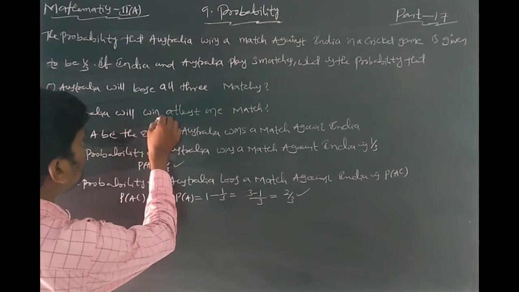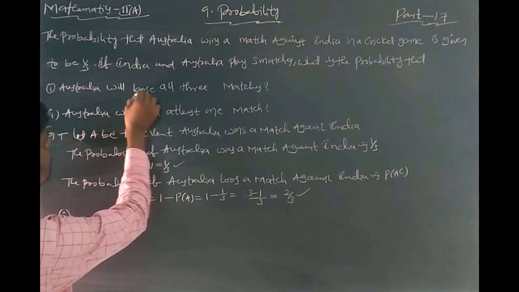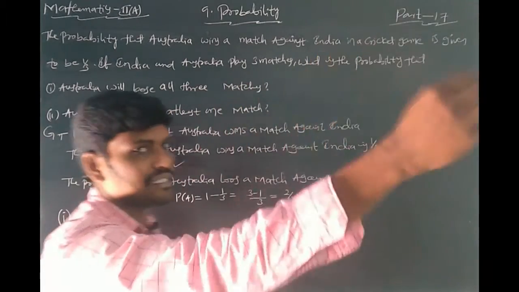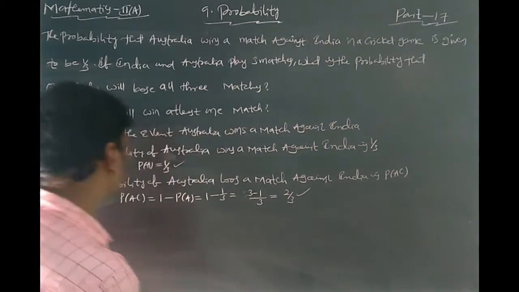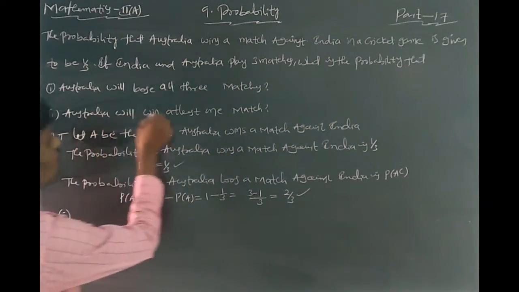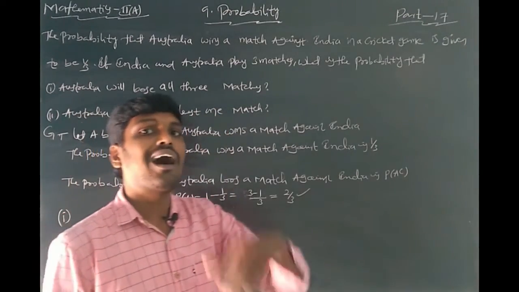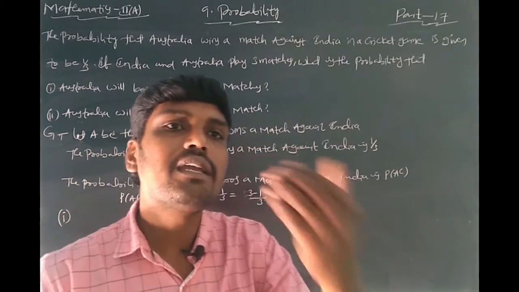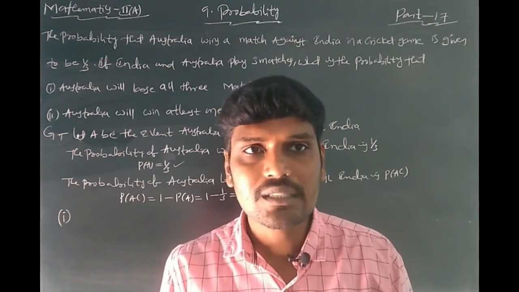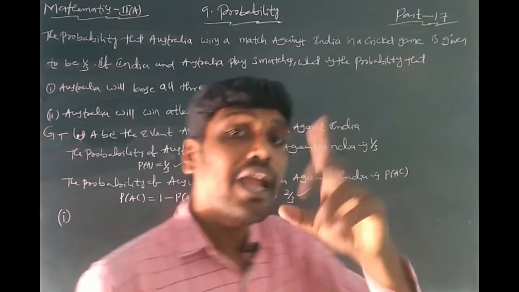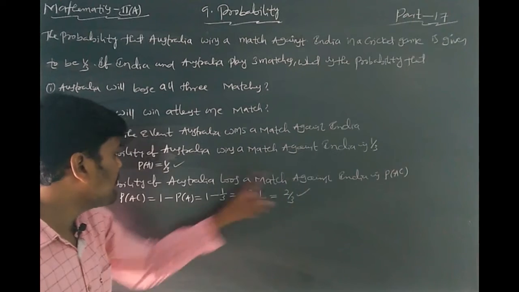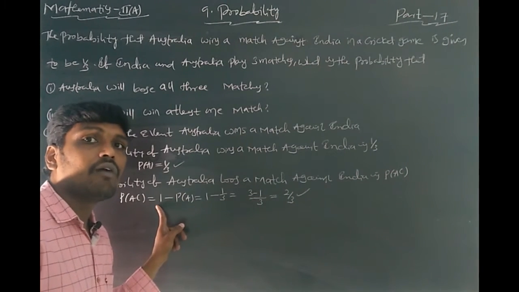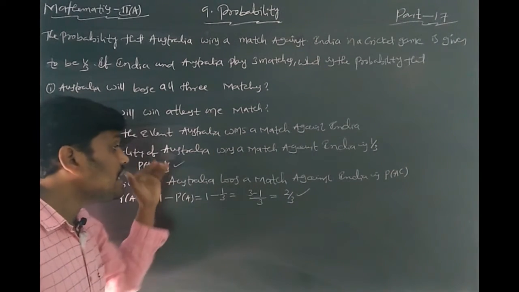Next, what is the first problem? Australia will lose all 3 matches, nothing but India wins all 3 matches. What is the probability of India winning the match?